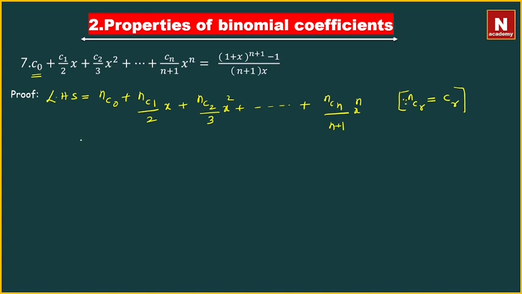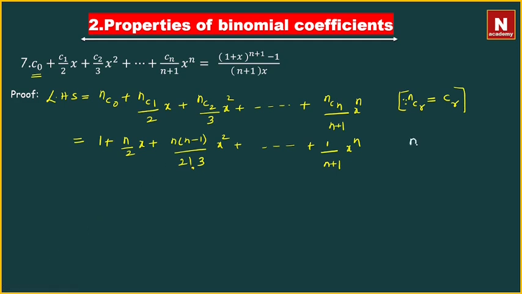Now NC0 equals 1. We know NC1 value is n, by 2 into x. NC2 we can write n into n minus 1 by 2 factorial, already here 3 is there, 3 into x square, and so on. Last NCN, NCN is 1, 1 by n plus 1 into x power n. Here NC2 value is n into n minus 1 by 2 factorial. We can expand NC2 like this.